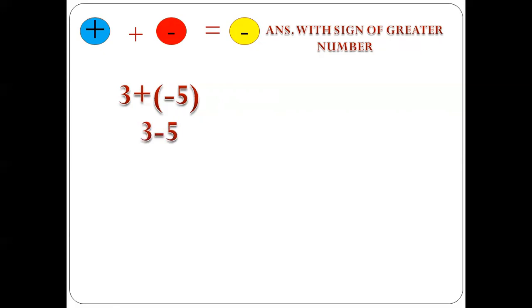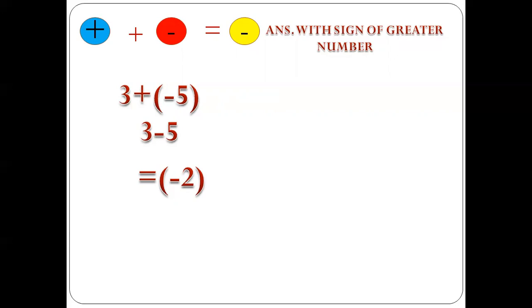So we can write 3 minus 5. So 3 plus negative 5 is equal to 3 minus 5. So we are going to subtract. From 5, you subtract 3, that is 2, but we'll write negative 2. Why? Because 5 is a greater number than 3 if we ignore the sign, but 5 is negative. So we will give that negative sign to the answer.